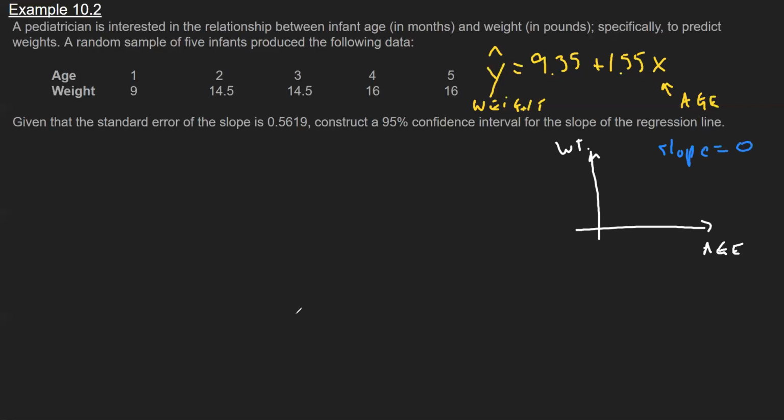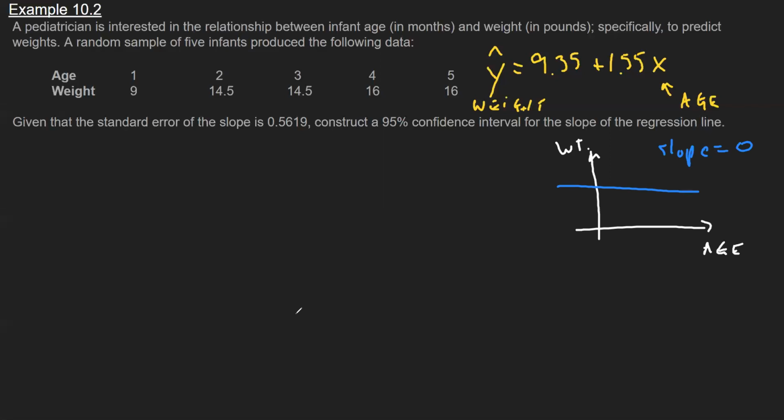And so what does that line look like? Well, that's a horizontal line. And if you have a horizontal line, the suggestion here is as the age goes up or down, well, it has no impact on the weight because, again, it's not increasing or decreasing. And so that's the motivation behind section 10.2 in PSTAT 5a.